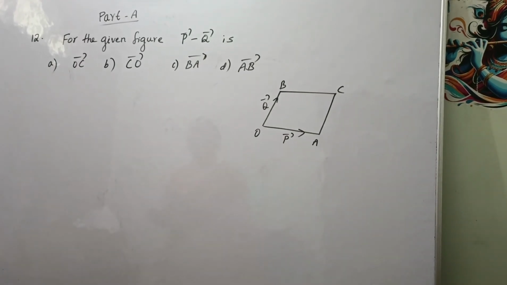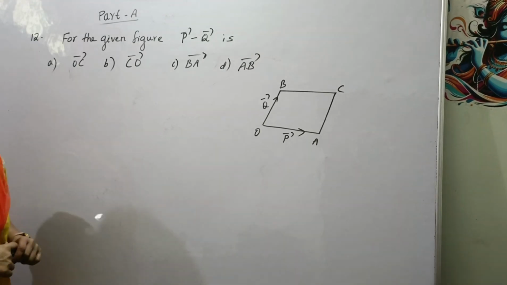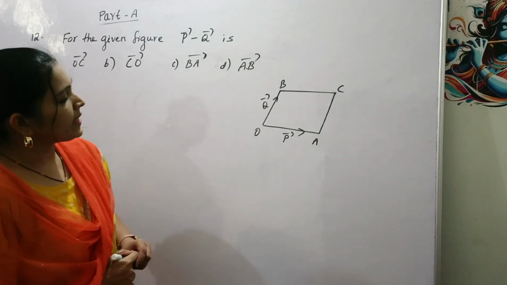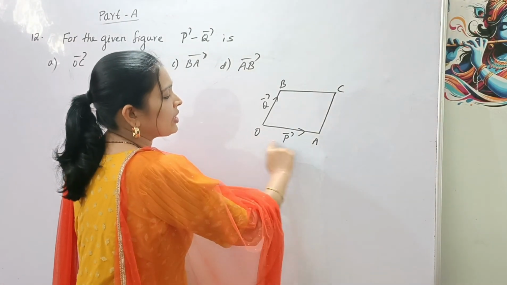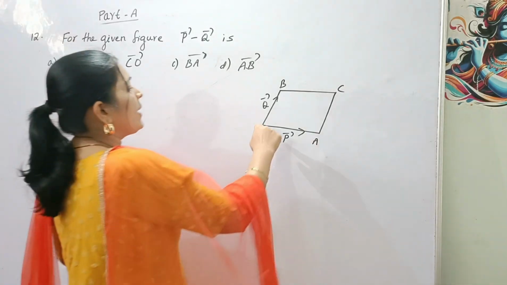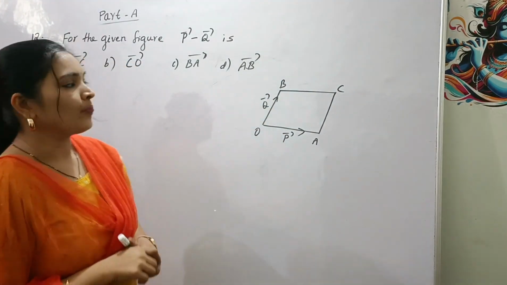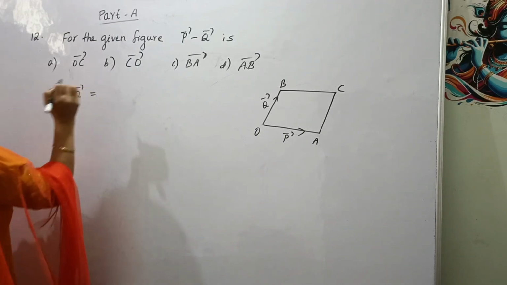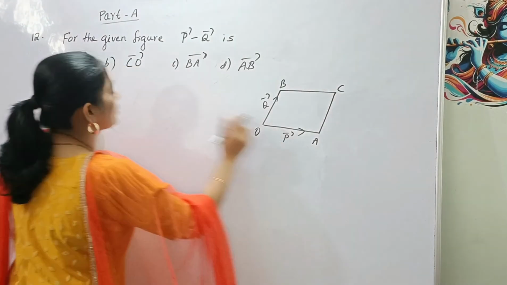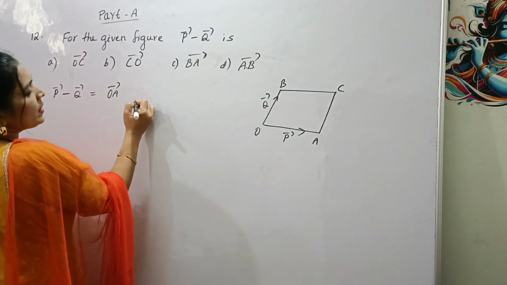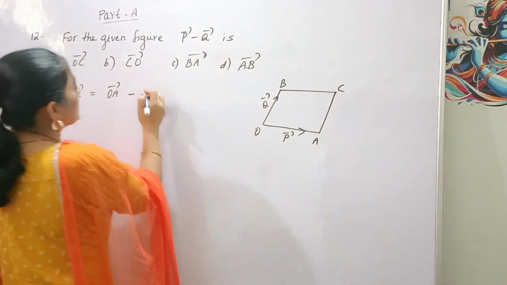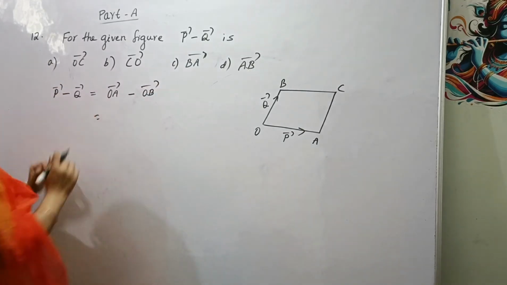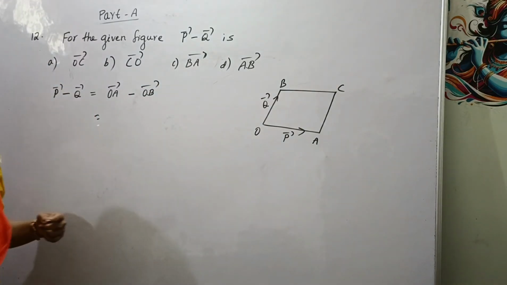Next question is, for the given figure, vector P minus vector Q is, options: vector OC, vector CO, vector BA, vector A. It is given that vector OA is equal to vector P and vector OB is equal to vector Q. Now, vector P minus vector Q is equal to vector OA minus vector OB.